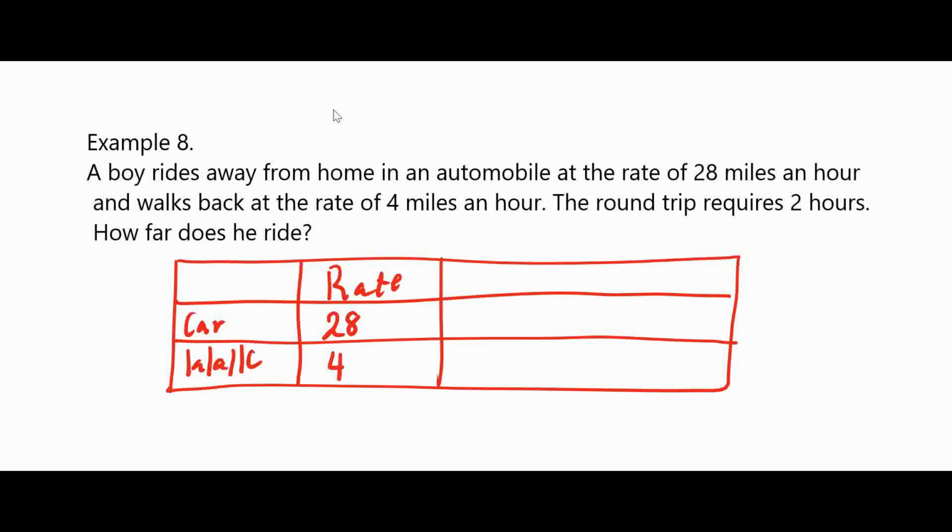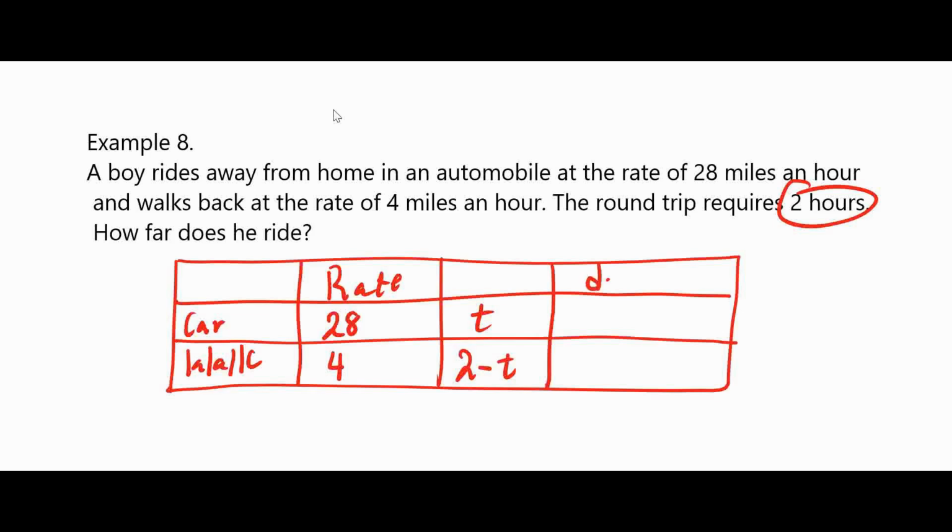The round trip requires 2 hours, so we can assume that the time spent on the automobile is t. Then the time spent going back home, since the total time is 2 hours, we can simply subtract the time spent on the automobile from that, to give us the time spent walking back home.